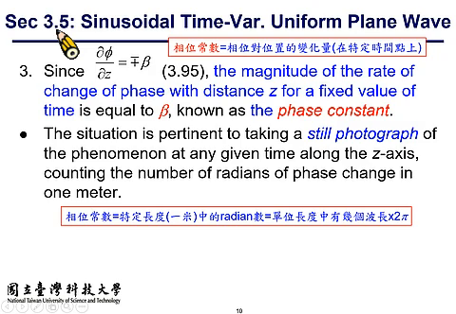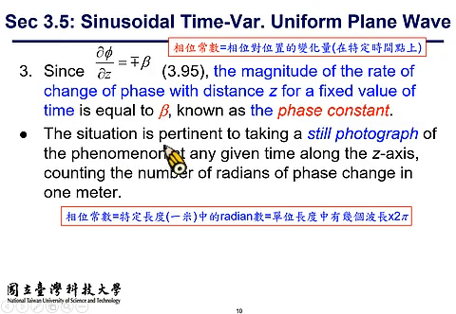If you perform a spatial differentiation over the argument phi, you end up with positive or negative beta. That is the so-called phase constant. So this is the magnitude of the rate of change of phase with distance z for a fixed value of time.